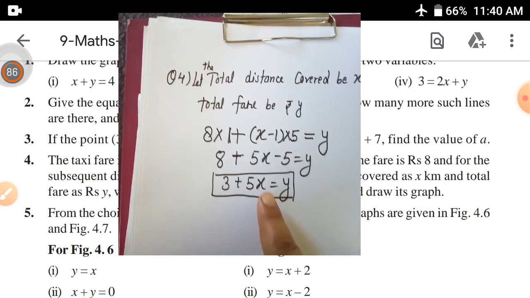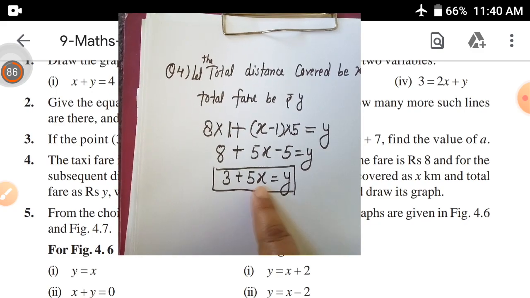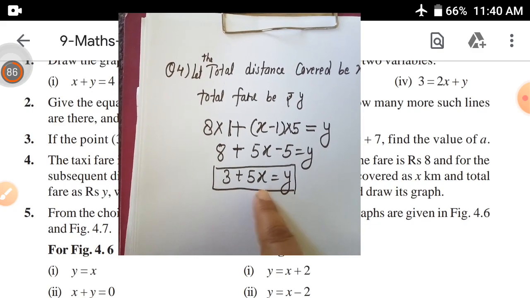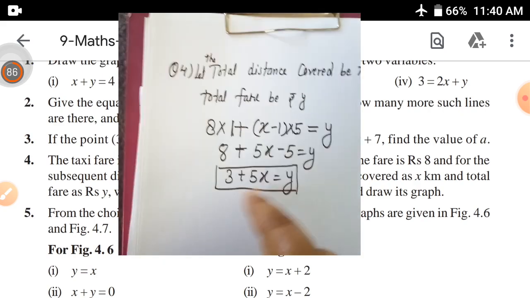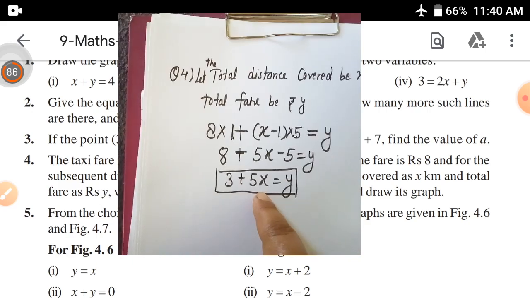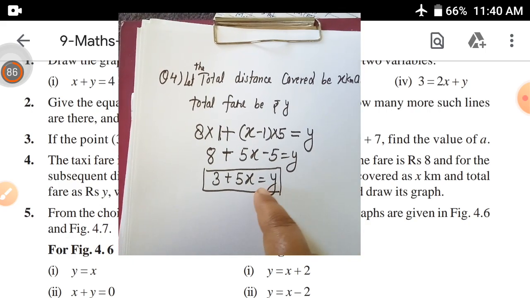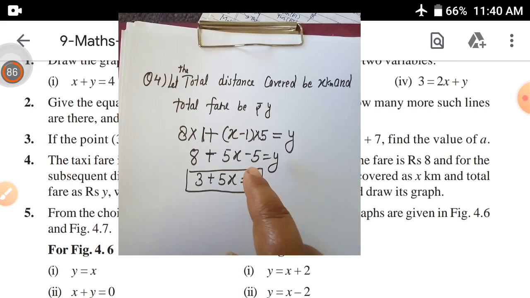You will just choose the values of x and y according to you. But you can see that if you put x equal to 0, it's all right, you are getting y equal to 3. But when you put y equal to 0, you are not getting a whole number. So you have to put another value of x like 1 or minus 1, so that you can get a different result which is a proper whole number.